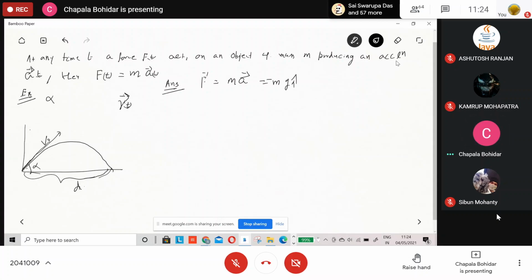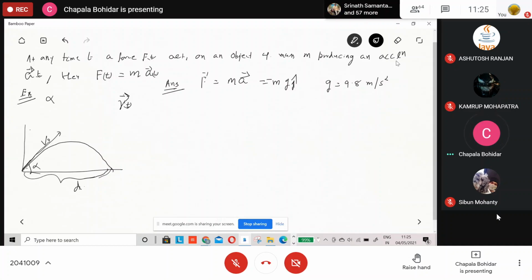Now gravity g is equal to 9.8 meter per second square.